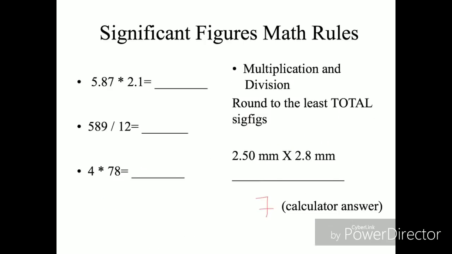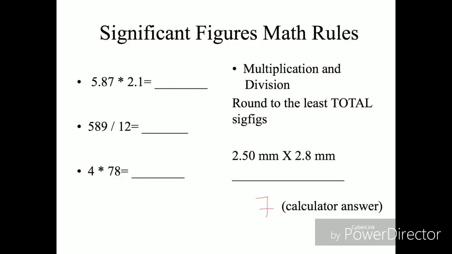The rules for multiplication and division are different than those for addition and subtraction. Instead of counting decimal places, our answer has to have the same number of significant figures as the measurements provided in the work. So when we look at the example question, we can see the number 2.50 has 3 significant digits, while the number 2.8 has only 2 significant digits.